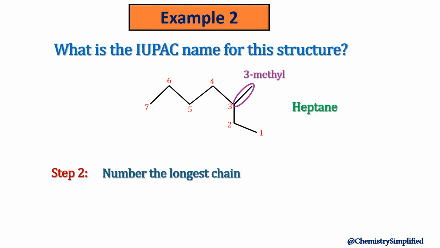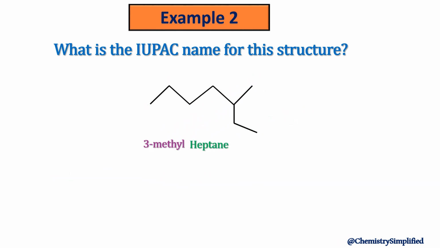So 3 is lower than 5. Therefore, we're going to use 3-methyl instead of 5-methyl to name it. That's one of the rules that we went over in our last presentation. So the name for this structure is 3-methylheptane.